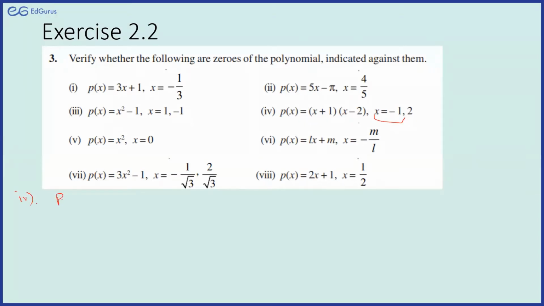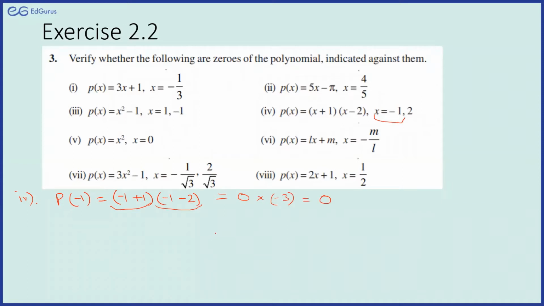So we substitute the x value minus 1, so minus 1 plus 1 minus 1 minus 2. Now what is minus 1 plus 1? 0, right? What is minus 1 minus 2? Minus 3. Result is not 0.